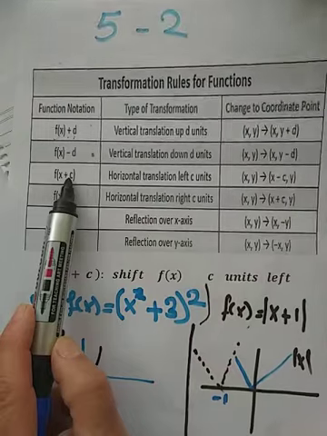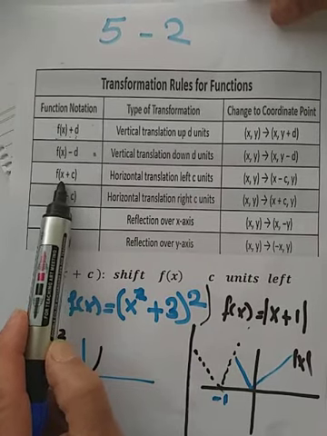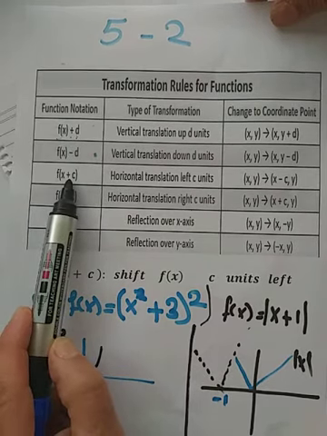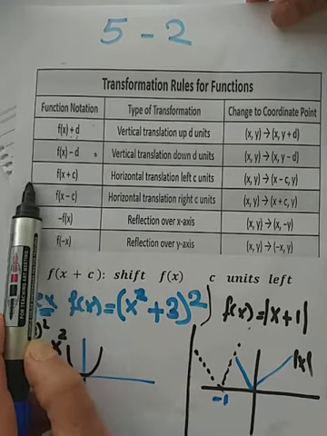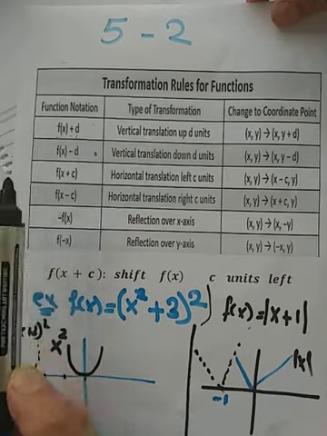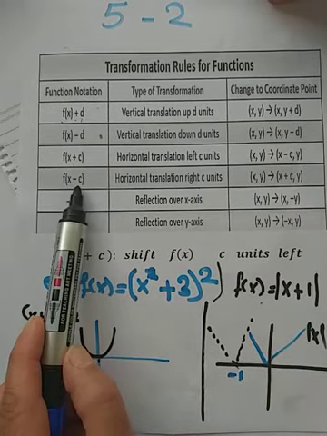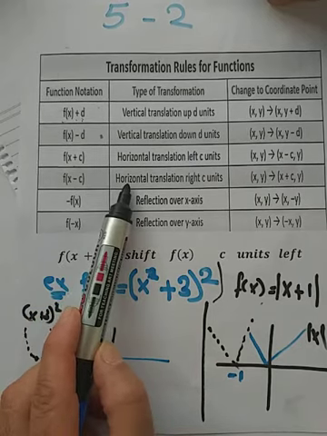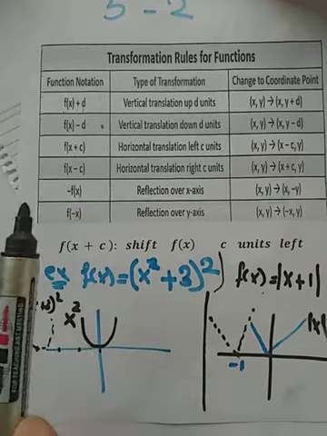If you have a number inside the bracket, then we move horizontally, left or right. If you have positive, we move to the left. We shift the graph to the left. If you have minus inside the bracket, then we shift it horizontally to the right.